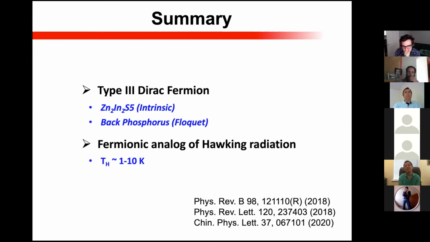We propose one possibility to do that here, but there may be other possibilities. For example, using strain can also tilt the Dirac cone, but it's difficult to apply different amounts of strain in different parts of the material. So there are some challenges, but the idea is very intriguing to pursue.